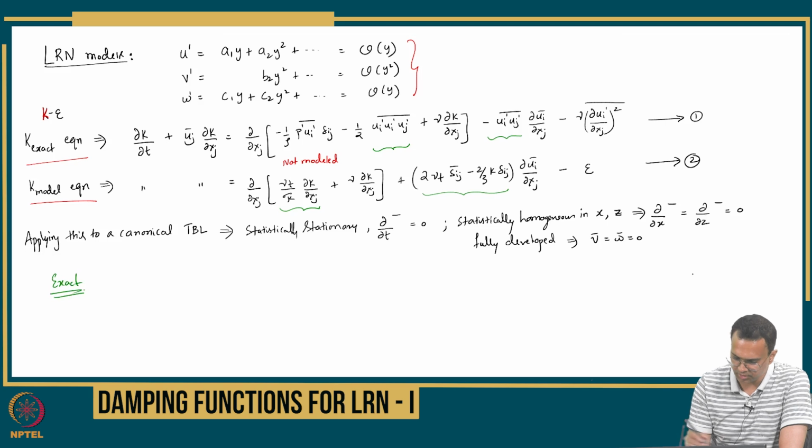So I have the diffusion term, right? So that is minus half of u_i prime.